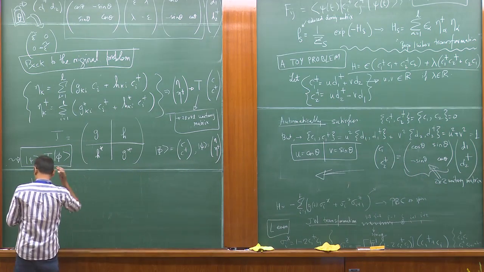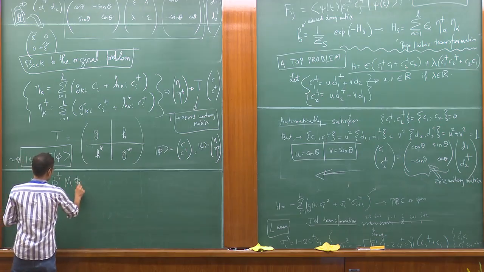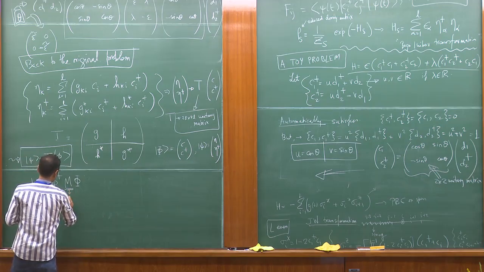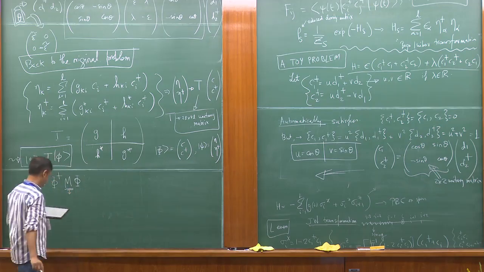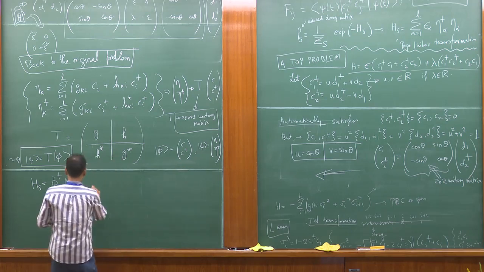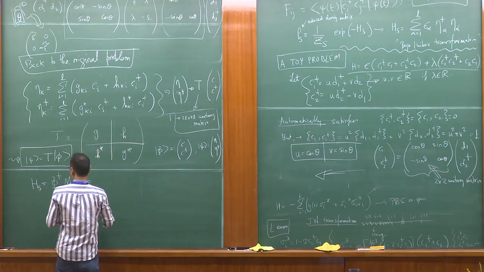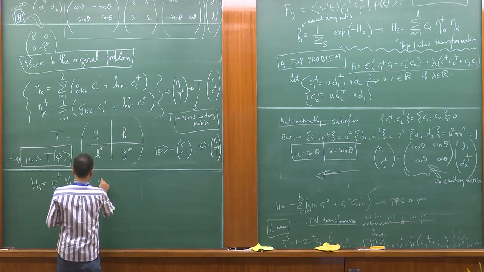So in terms of the original fermions, there's some matrix M which is non-diagonal, right? Now I want to diagonalize it. Now I just use the usual thing. So I want a T matrix which diagonalizes this thing, right? So let's just do that.